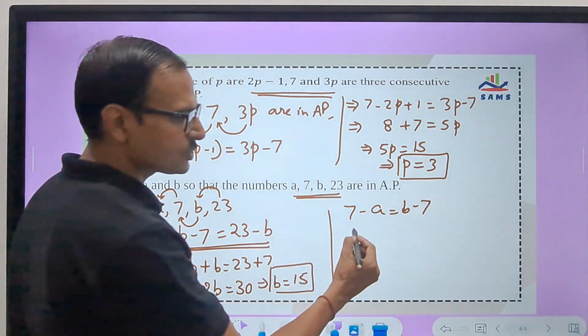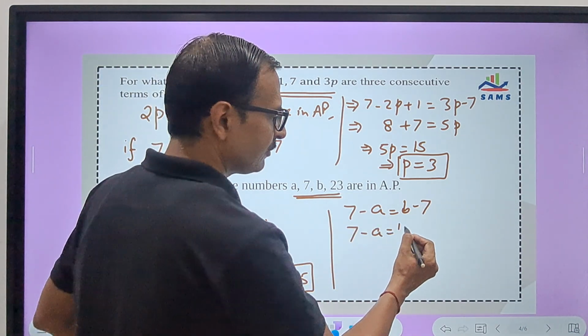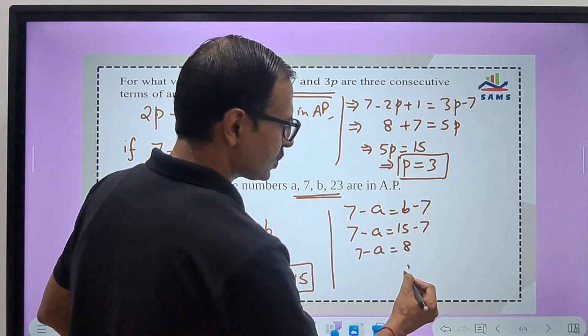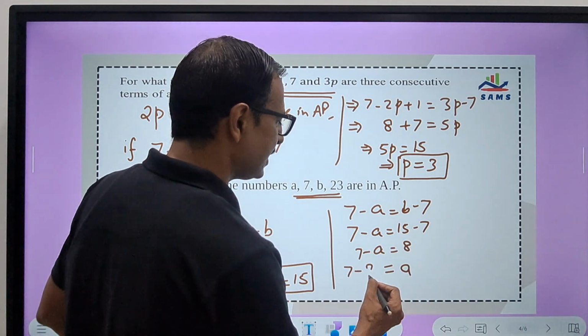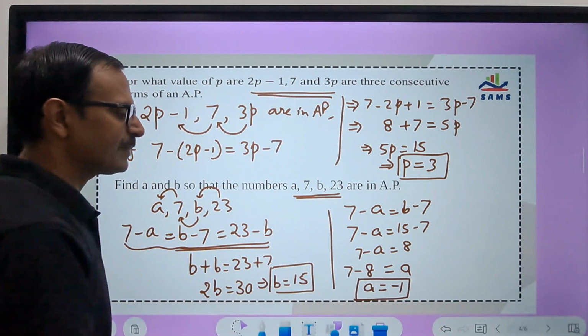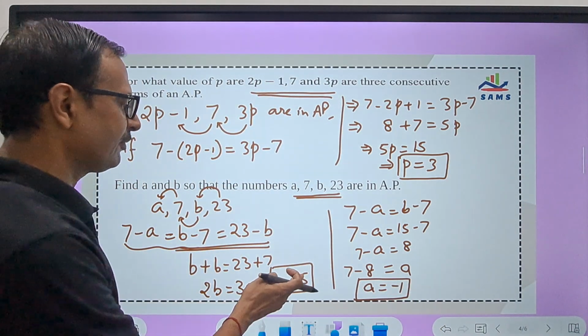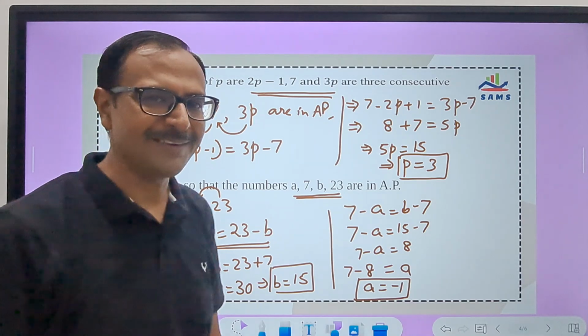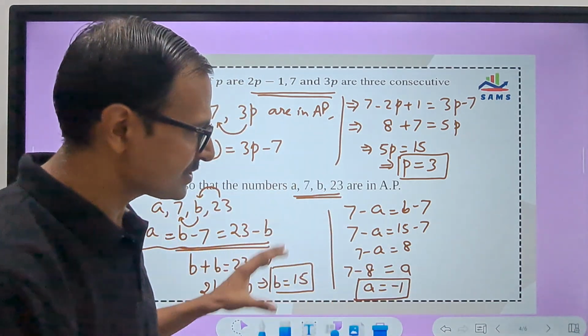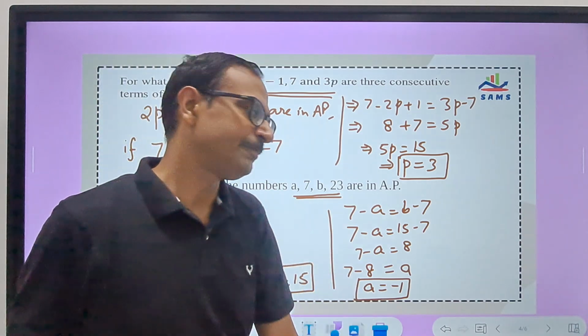B is 15, so let's put 15 here. 15 minus 7. 7 minus A is 8. So A is 7 minus 8, that is minus 1. So we get the value of A as minus 1 and the value of B as 15. Right? The definition of arithmetic progression works for us in these questions.